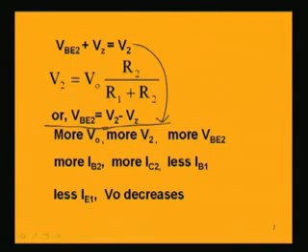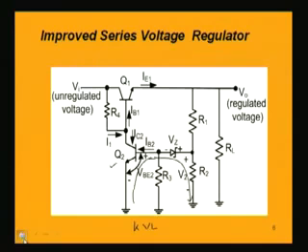So if V2 is more, that means VBE2 is more. In the diagram, the base emitter voltage of the transistor Q2 is now high.